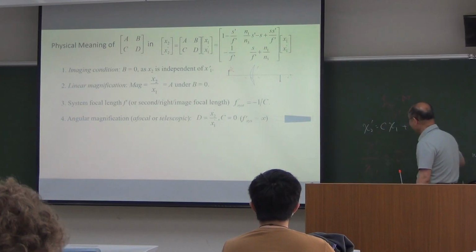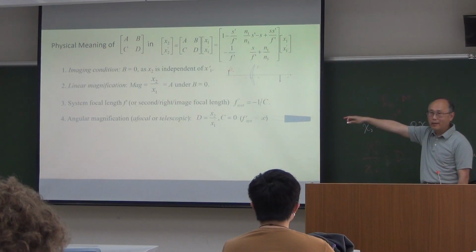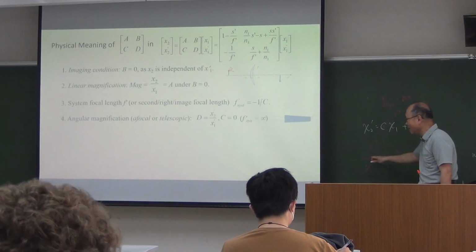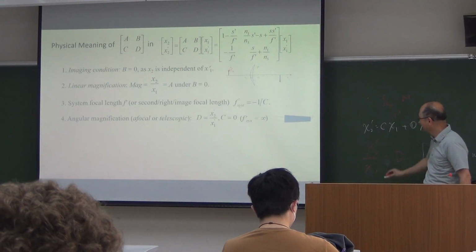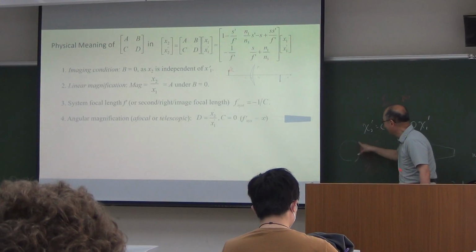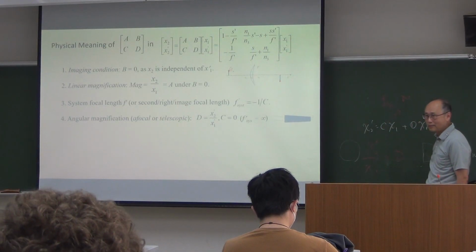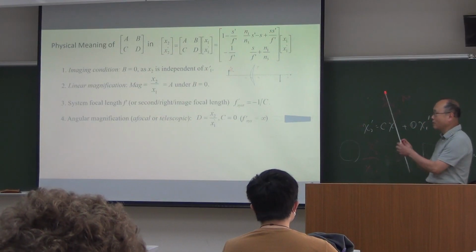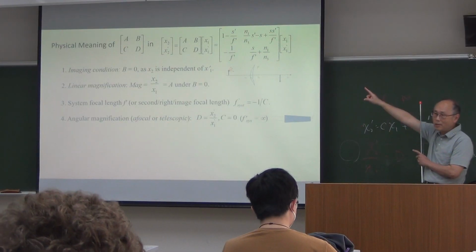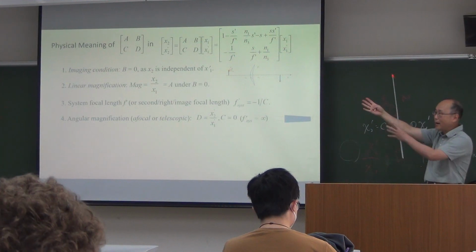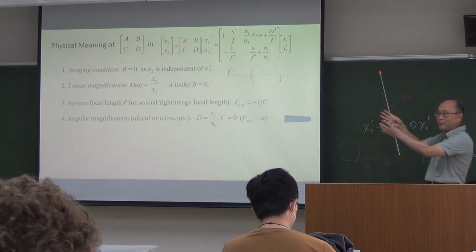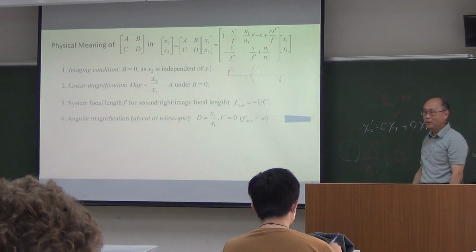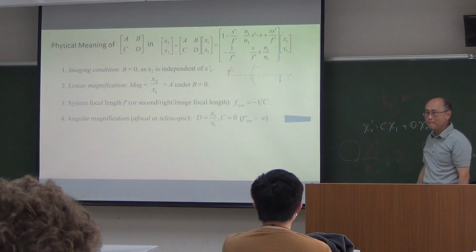It accepts some light from very, very far away. When the light coming from very, very far away is coming in parallel from the two edges of the object, right? If I try to use a telescope to see a moon, the light from the edges of the moon coming into my telescope is parallel because it's very, very far away.